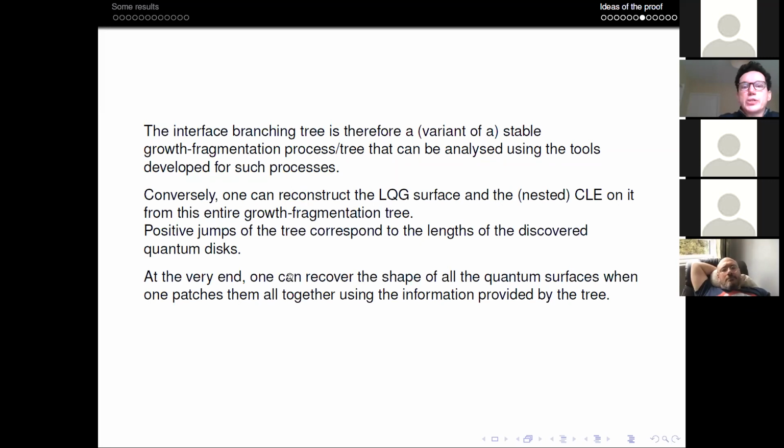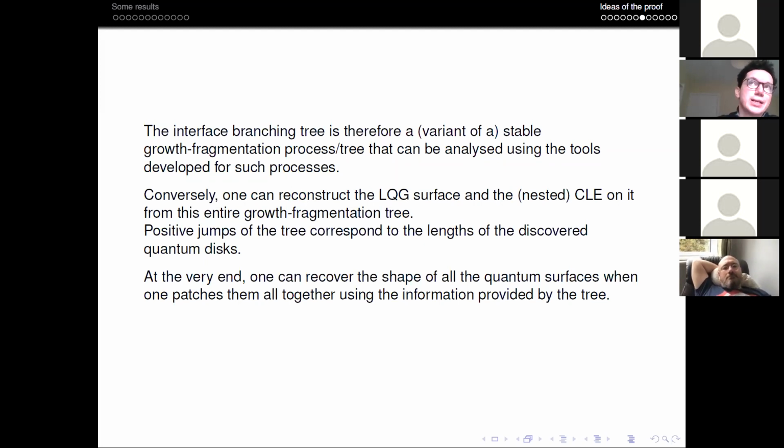I just want to mention here that one of the end results is saying that if I start from a stable growth fragmentation tree, it enables you to reconstruct the couple CLE loops and LQG surface of these two independent inputs together.